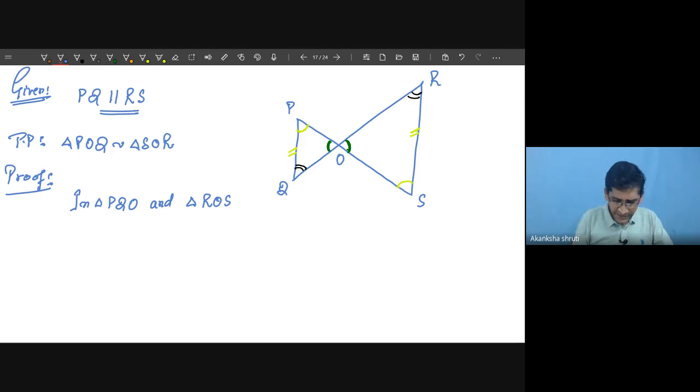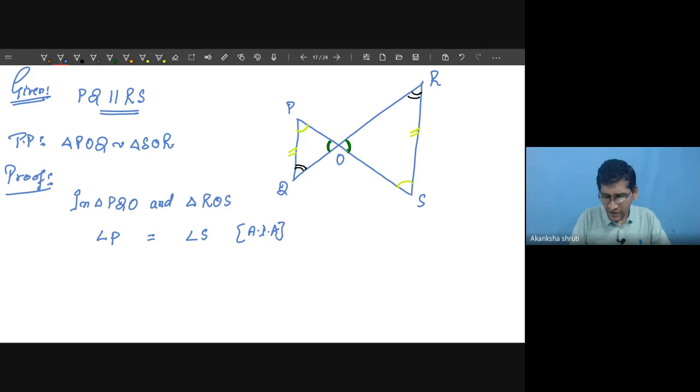So write the condition of equality of angle. Here we can write angle P is equals to angle S. Why? We are observing first in the triangle PQO. So angle P marked with the yellow line and angle S, these are the alternate interior angle.